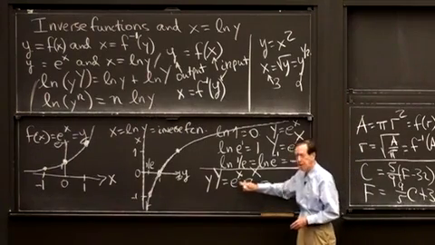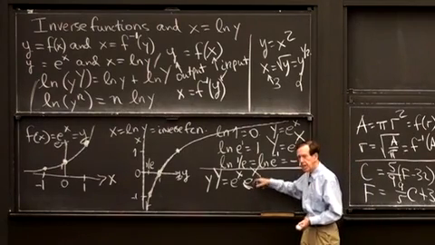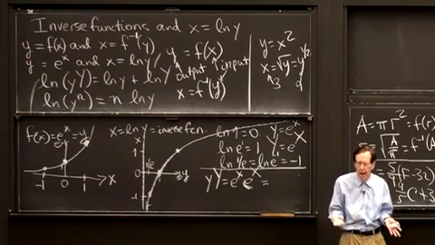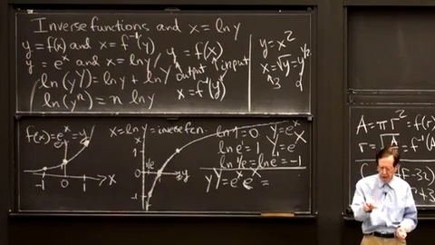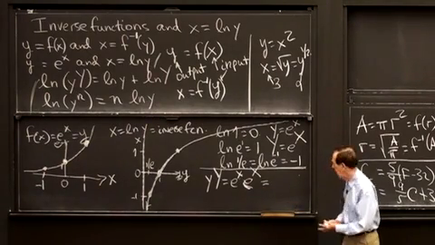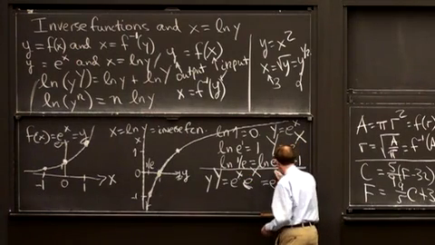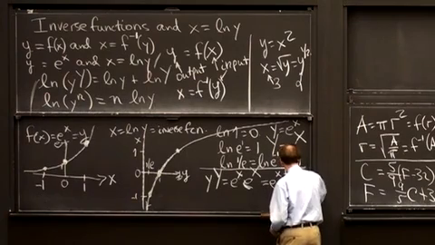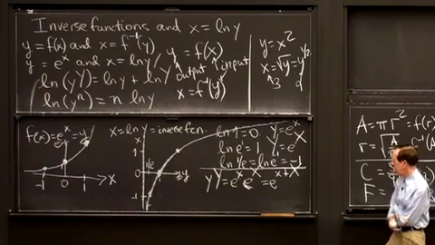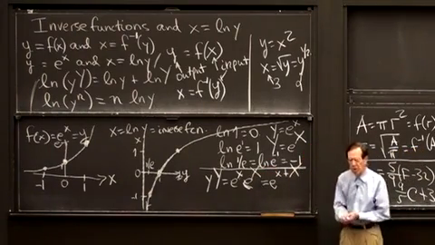Then I have e squared times e cubed, which is 5 e's multiplied. I just add the exponents. That's the big rule for the exponential. If I multiply exponentials, I add the exponents.